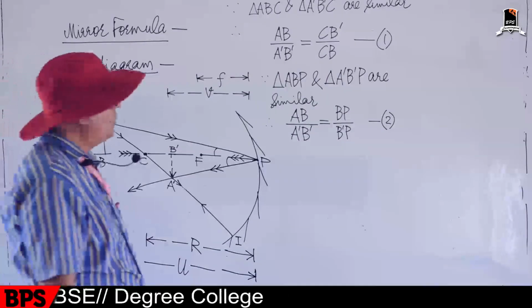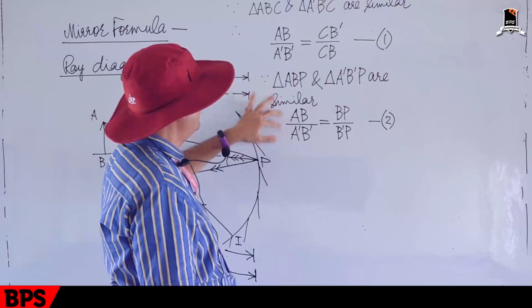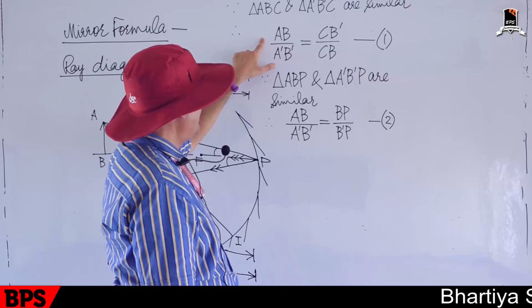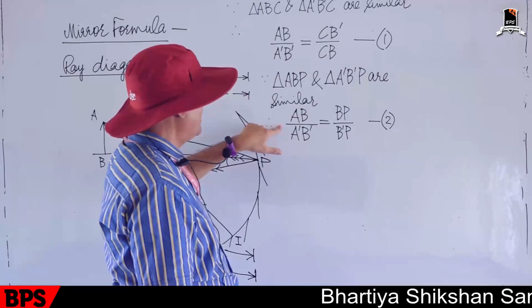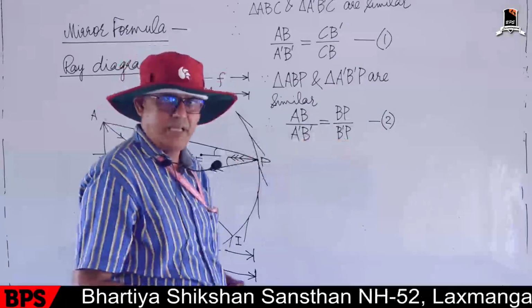Now, if you look at the left hand sides of these two equations, you find that they are exactly equal. So the right hand sides must be equal.